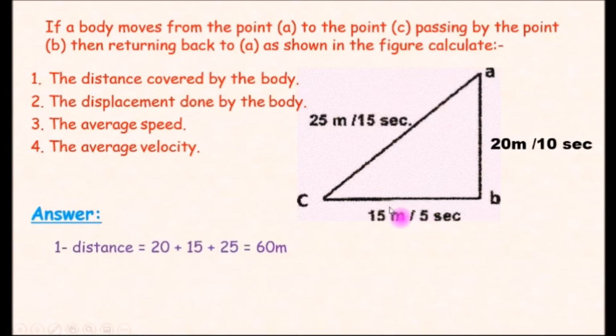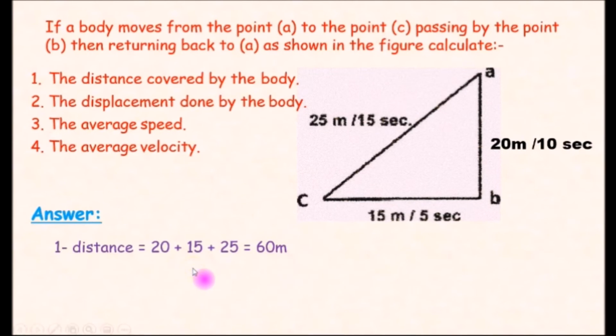Distance equals the sum of all lengths: 20 plus 15 plus 25, because it moves from A to B, then from B to C, then from C returning back to A. 20 plus 15 plus 25 equals 60.